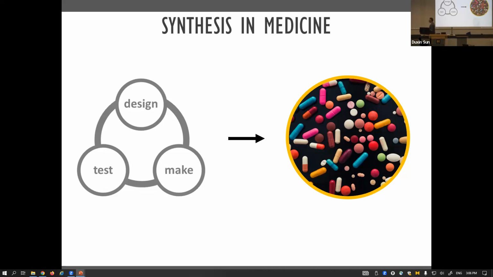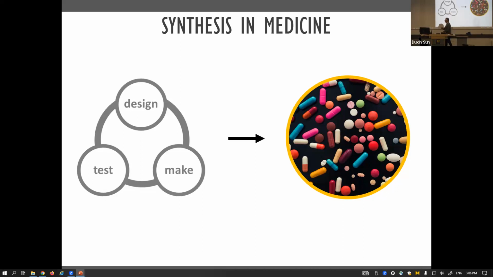And if you make them, you get to test them, and hopefully you learn from that testing, a bioassay, an in vivo assay, an in vitro assay, if your design was a good one. You likely have some hypothesis: if I switch this oxygen atom into a nitrogen atom, I might get a better pharmacokinetic profile. I might get a molecule that binds more tightly to the protein I'm trying to inhibit.